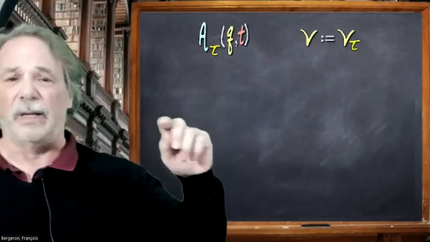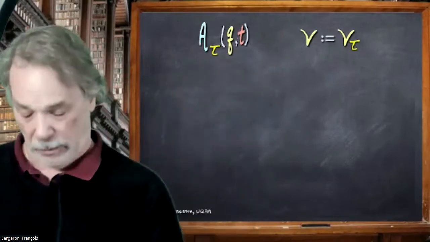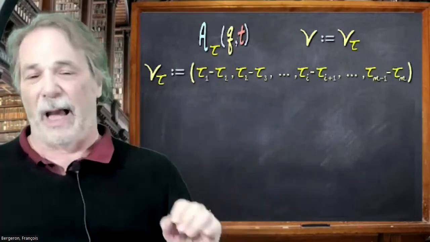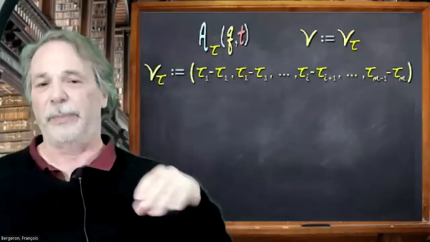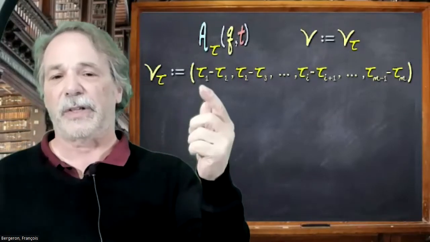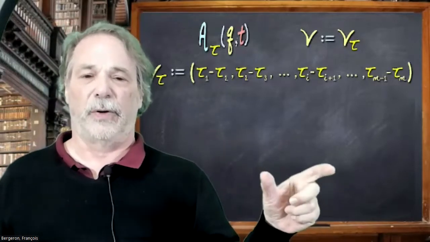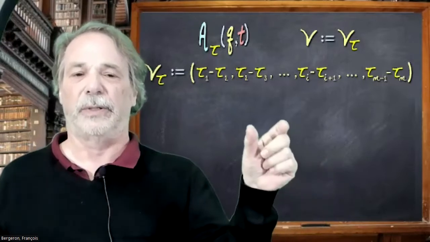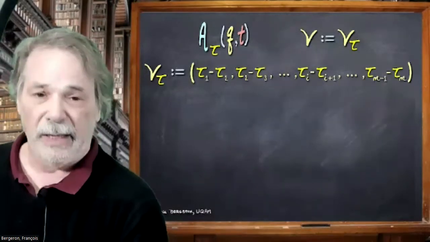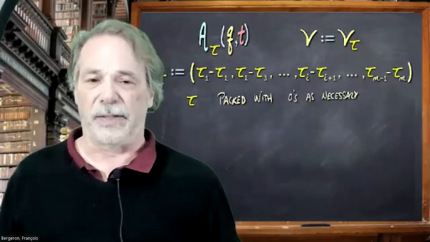And now I'm going to consider the case where the vector V comes from tau, a partition. It could be, I'm not even restricting to triangular, but triangular is going to be good later on. So the vector V is just the difference of sizes of the various parts. So first part minus second, second minus third, etc. And then if you get into trouble because you don't have anything else, you pad with zeros as necessary.